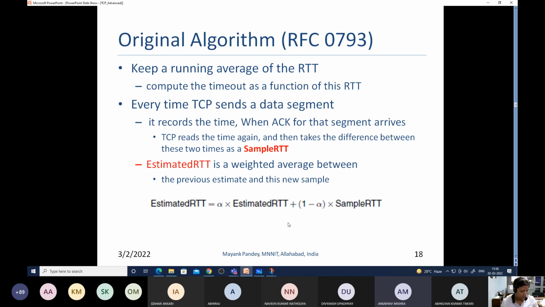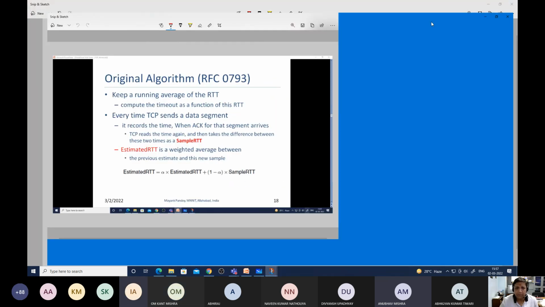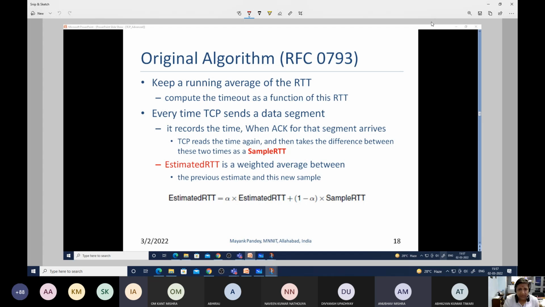The original algorithm was given in RFC 793, and this algorithm was very simple. Maintain a running average of RTT. Now just understand, and then compute the timeout as a function of this RTT.